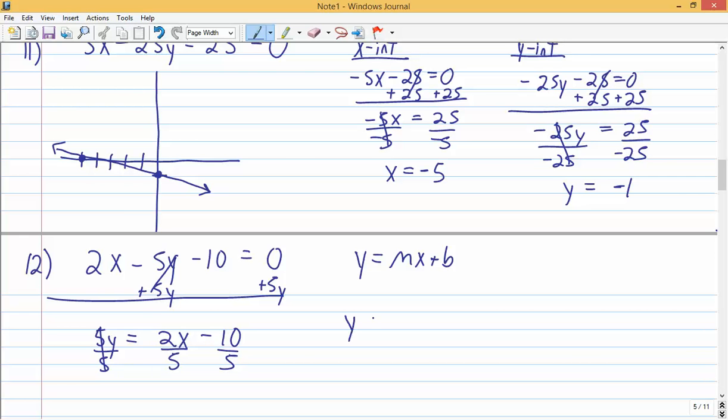So I have y equals 2/5 x minus 2. -10 divided by 5 is -2. So my slope is 2/5. My y-intercept is -2. If you look down there at your answers, you have the y-intercept given as a point. So the way that you write that as a point, that's 0 for the x, -2 for the y.